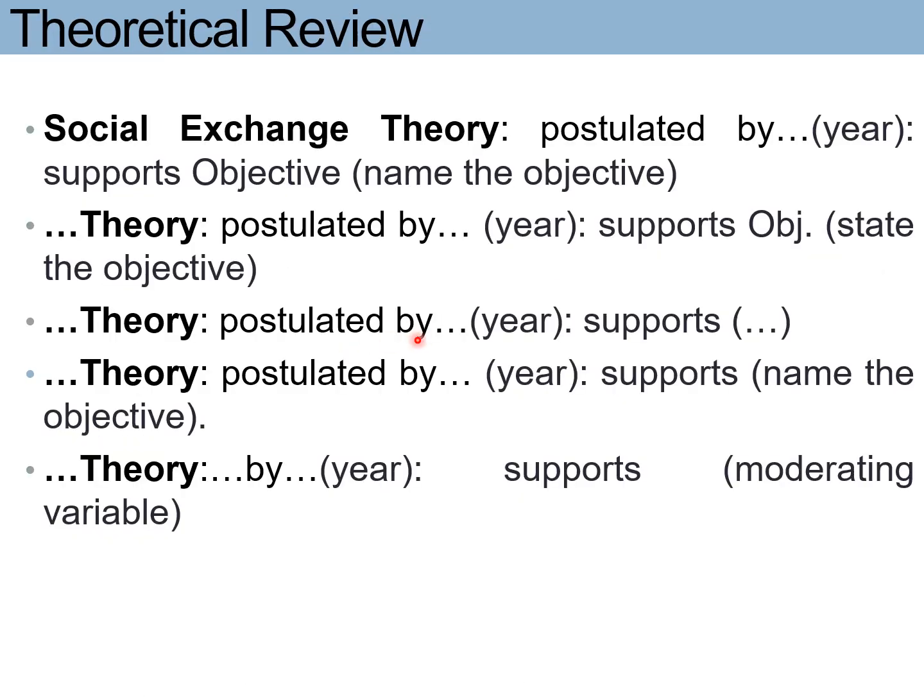Okay, theories that are backing up, or that have backed up your research should be explained in a slide. How many theories have you looked at, and why did they give reasons for supporting which objective? Like you have seen, if it's social exchange, or depending on the nature of your research and which area you are looking at.